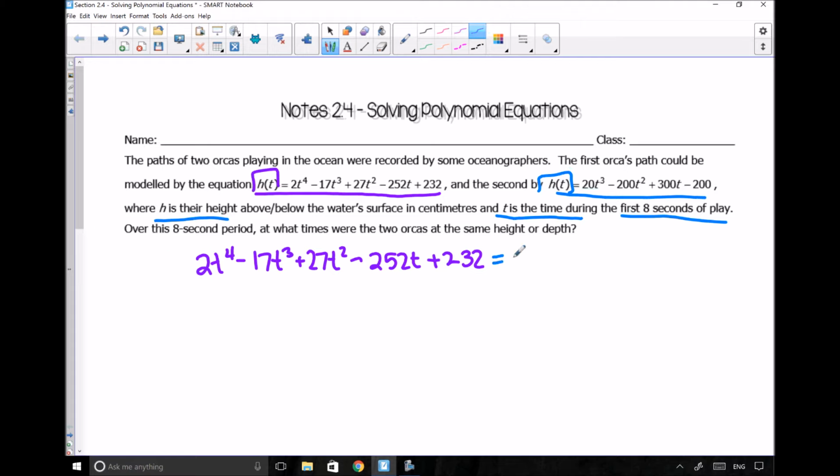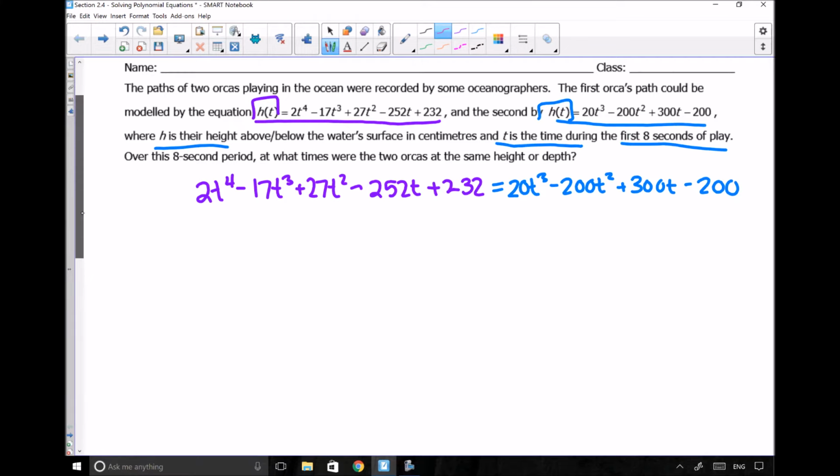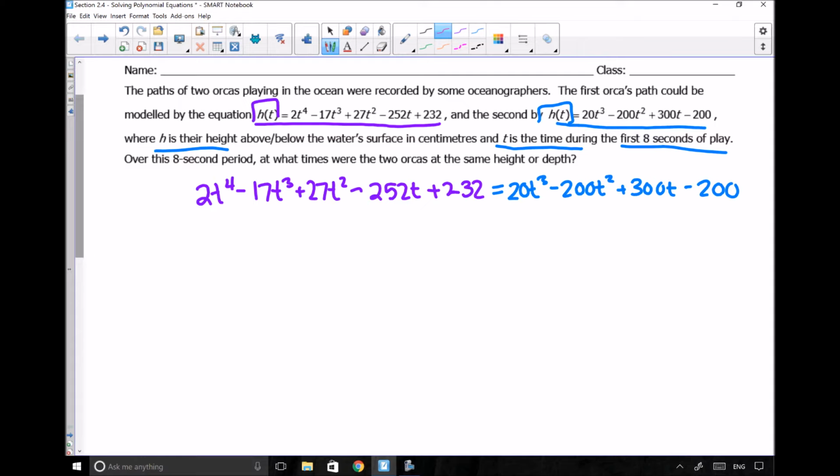So I can say equals 20t cubed minus 200t squared plus 300t minus 200, okay? But because I have a nonlinear equation right here, a pretty complicated looking equation, I'm going to try to get everything to one side and set it equal to 0. Once I set it equal to 0, it's going to be so much easier for me to solve, because once I factor it, I can set each factor equal to 0. Just like we do with quadratic equations, except now we've got a quartic. We've got it to the power of 4, okay?